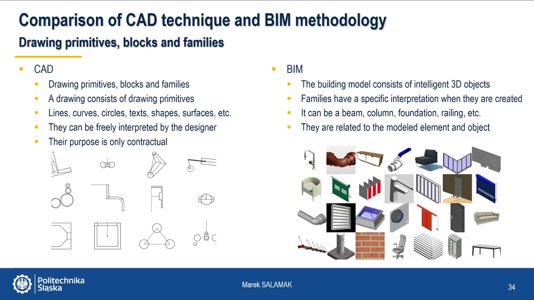It can be a beam, column, foundation, railing, etc. In the column family, we can create new columns that inherit certain properties depending on whether they will be steel or reinforced concrete columns. These families are integrally related to the modeled element and object. They also enter into relationships with the surrounding objects.